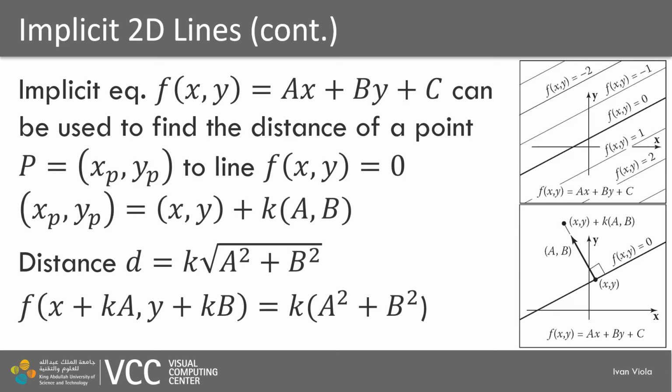We don't know how long this vector is and which direction it goes, but we know that it's a perpendicular one as it is a projection. Therefore, it is defined through the A and B terms.